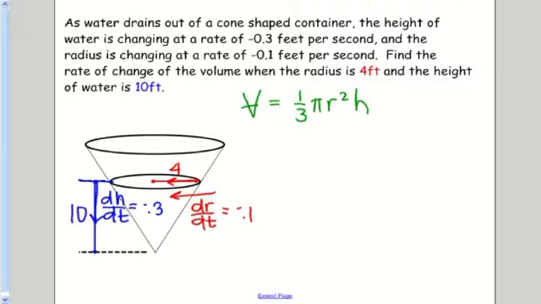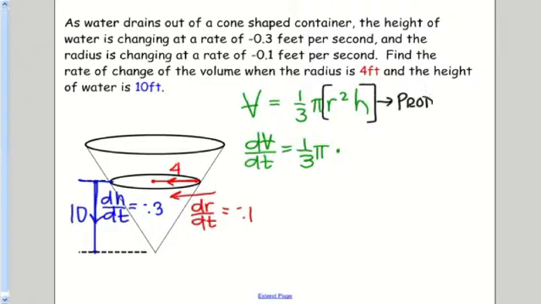Same idea as before. I want to take this derivative with respect to time. So derivative of V is going to be 1 times dV/dt. Will give us dV/dt here. And then I've got 1/3 pi, I'll kind of keep separate. And then in here, I have a product, which means I'm using the product rule.